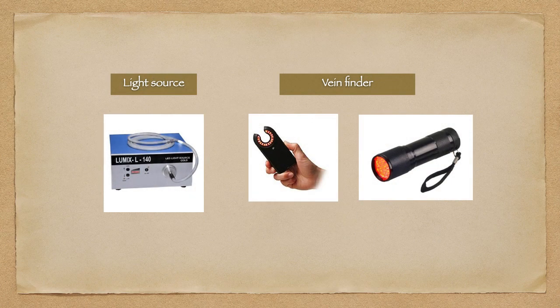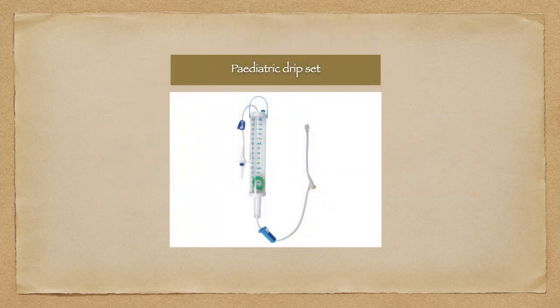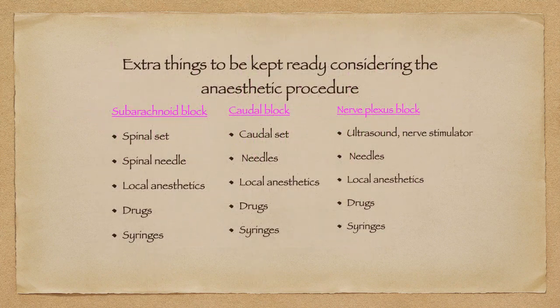This picture shows the light source and the vein finder, which help in getting IV access. Whenever possible, for neonates and infants you can use a pediatric drip set, and for older children you have to use a micro drip set.